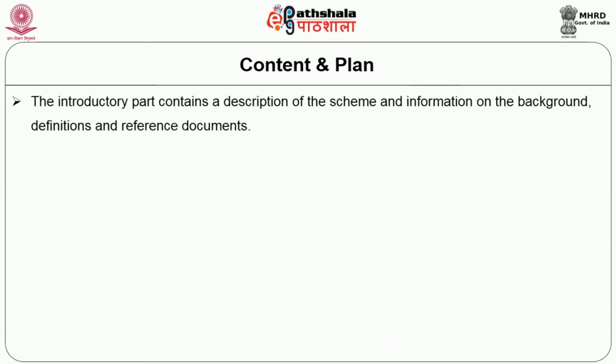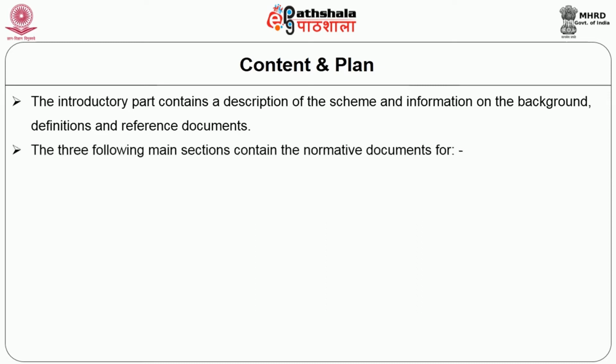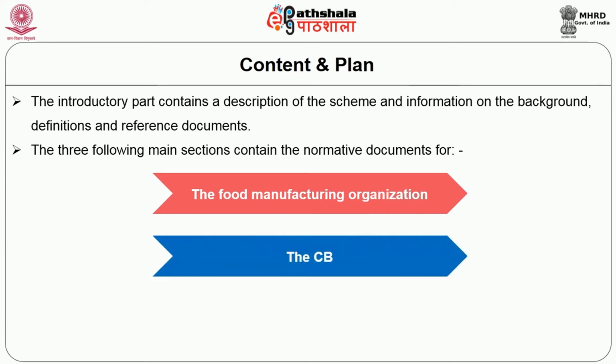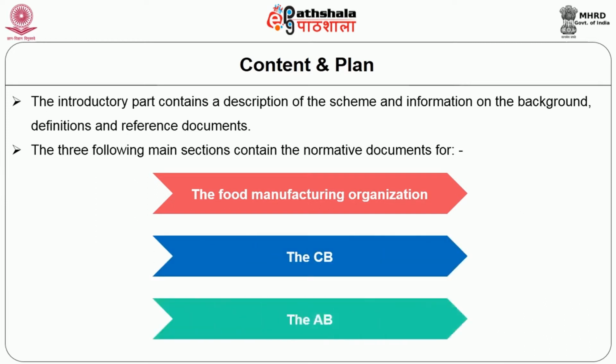The introductory part contains a description of the scheme and information on the background, definitions, and reference documents. The three following main sections contain the normative documents for the food manufacturing organization, that is part 1, the certification body, that is part 2, and the accreditation body, that is part 3.